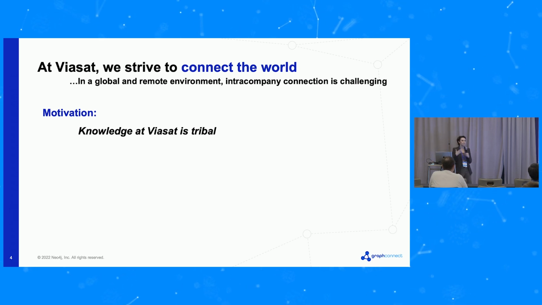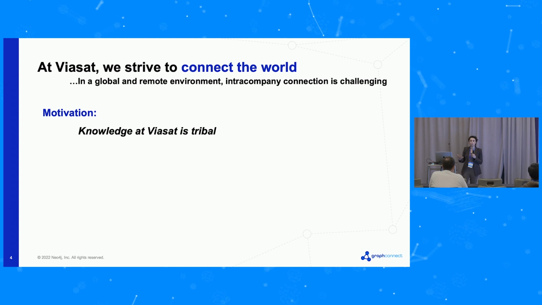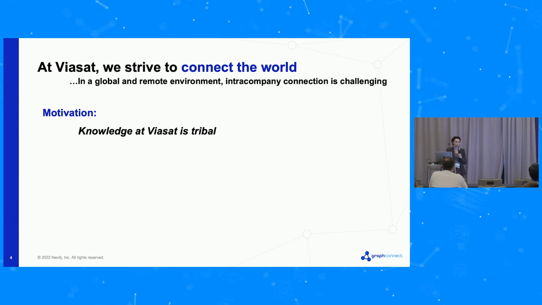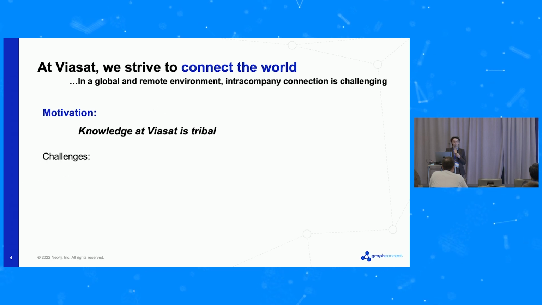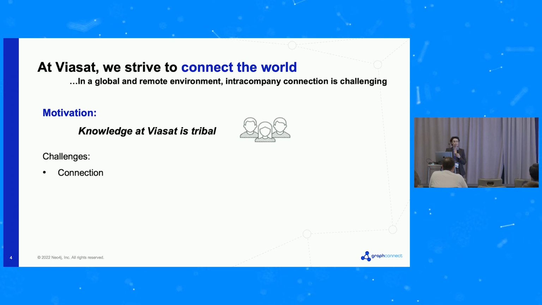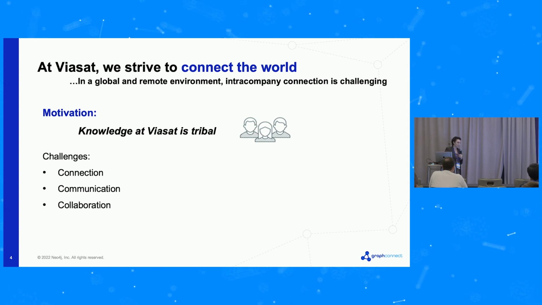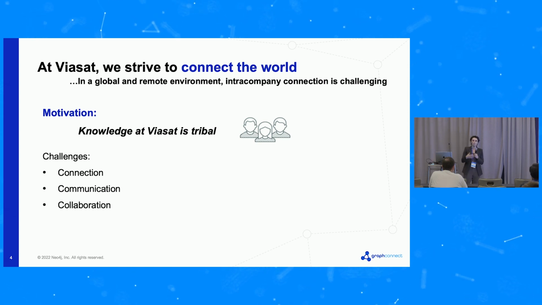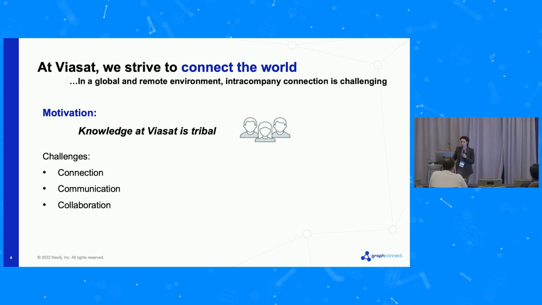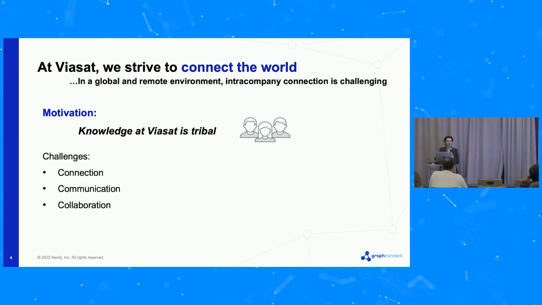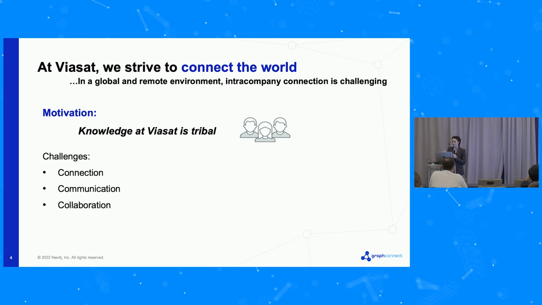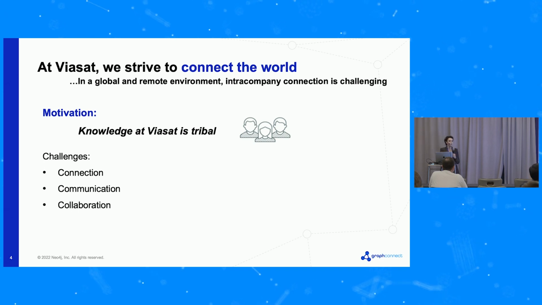However, we've gotten to this critical mass, and it has brought us a lot of challenges around content discovery, connection, communication, and collaboration. Even though initially our culture was really focused on nurturing an environment for collaboration, at this point, it's just a lot easier to stay in your tribe and work in your tribe.